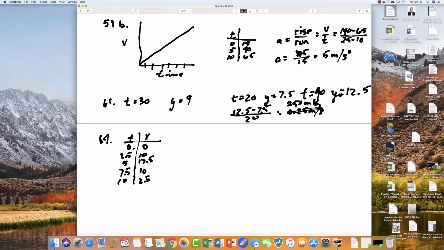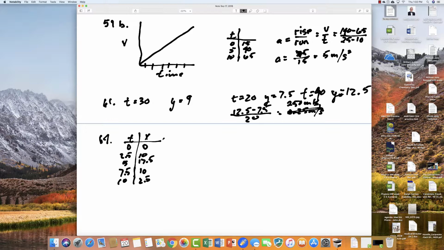Well, between 0 and 5, it's pretty close to a straight line. And so the slope here is going to be about the rise over the run.